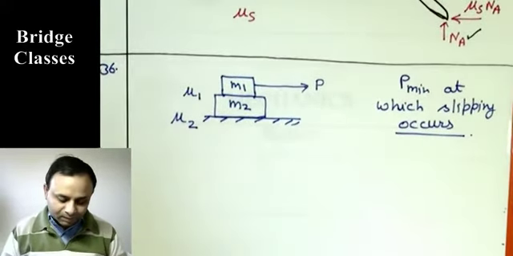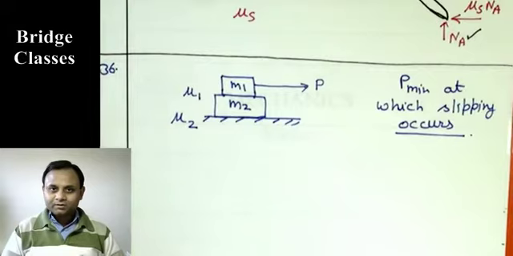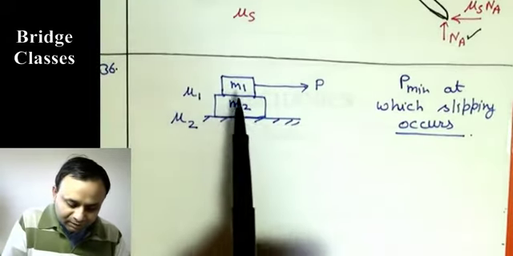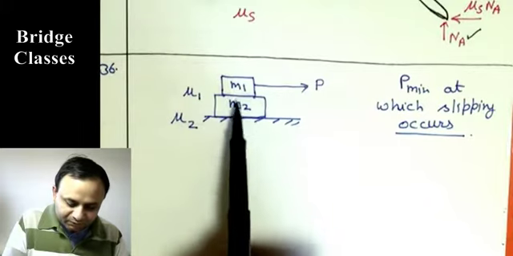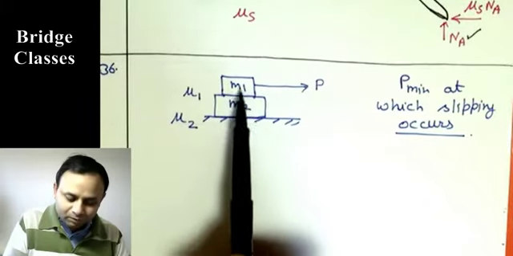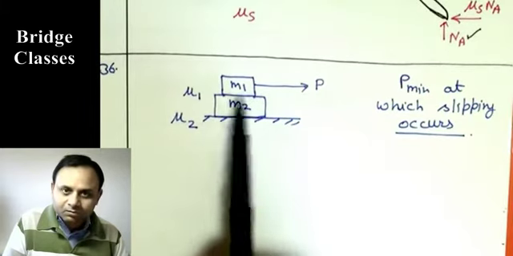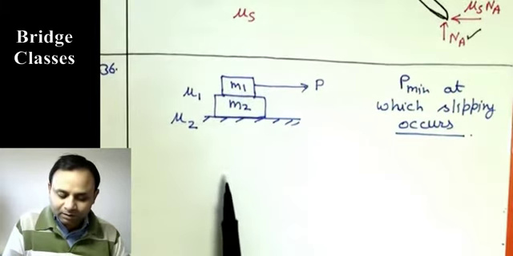Now in this problem, you will have to consider various scenarios. One possibility is that there is slipping between 1 and 2. This body 1 starts to move, but 2 does not move; 2 remains at rest.